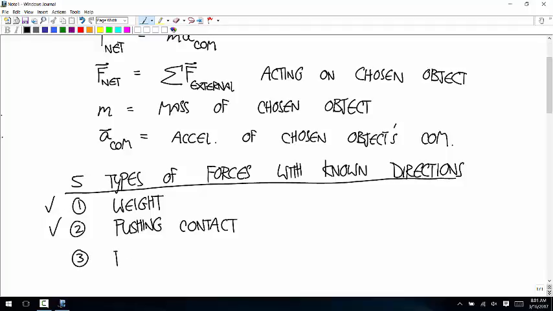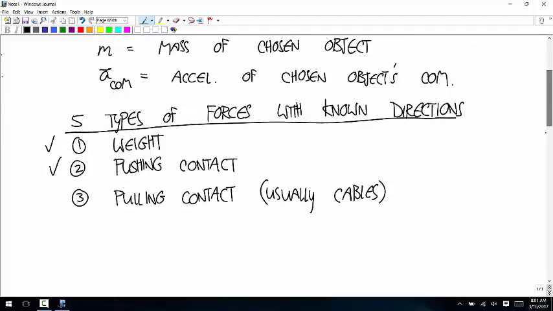The third one is pulling contact. Usually we do this with cables. This is where we are right now. We've talked about cables by themselves, but we haven't done a lot of examples yet where the cables are going over pulleys. We'll do some more of that. The fourth one is friction.